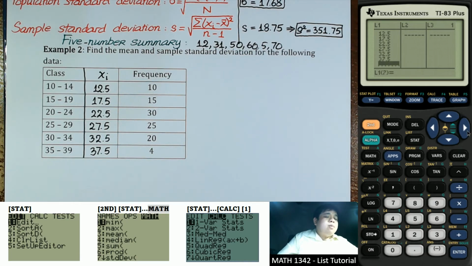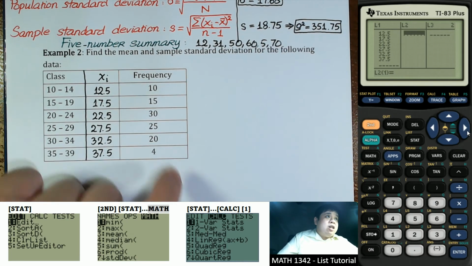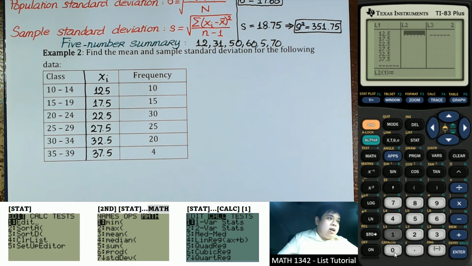And the frequencies I'll enter in the second list: 10, 15, 30, 25, 20, and 4. Once we're done, second quit.